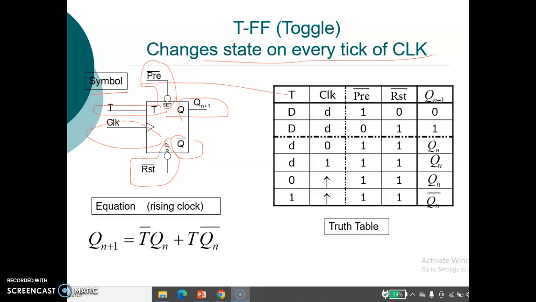T for input, clock from here, clock, reset from here. Okay.